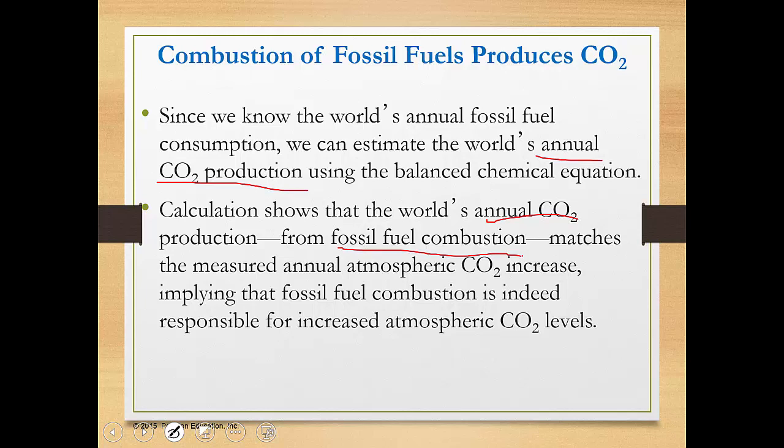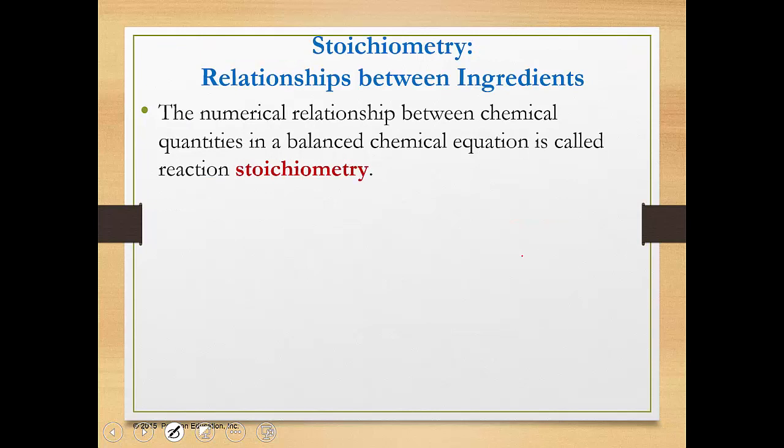So again, correlation doesn't necessarily imply causation, but there's a strong implication here that fossil fuel is tied to the increase in CO2 production. Now, there is a plot in your book on page 250 that shows that correlation.